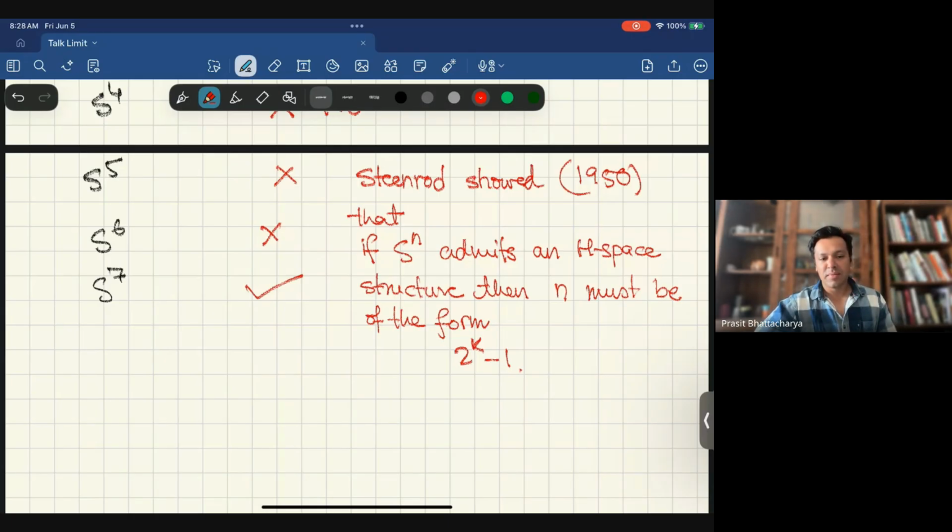So that means that it could be S1, S3, S7.